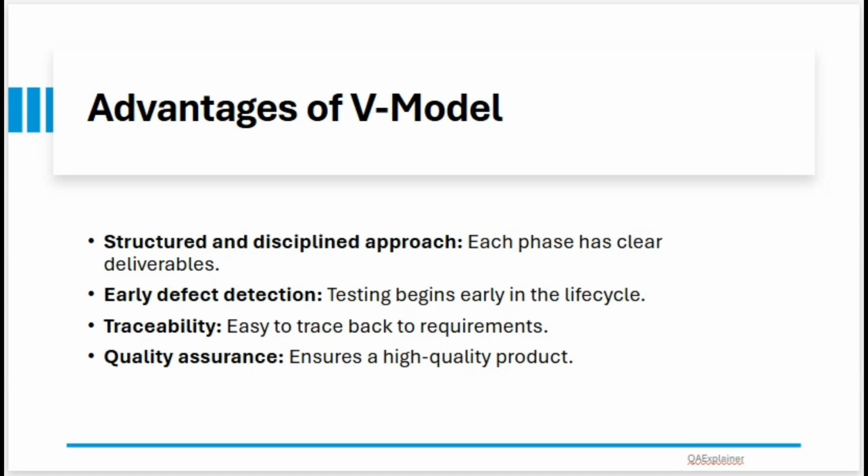Third is traceability; here we can trace each and every process. And fourth is quality assurance. As it ensures a high-quality product, there are no further changes in the middle of the system. That's why quality assurance is needed, and it is recognizable as it delivers a high-quality product.